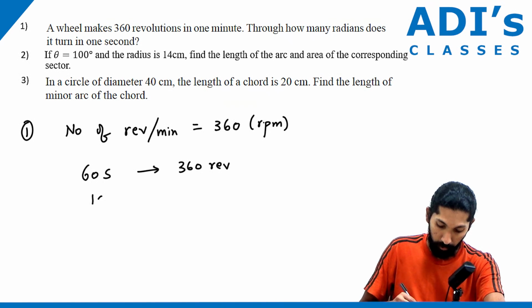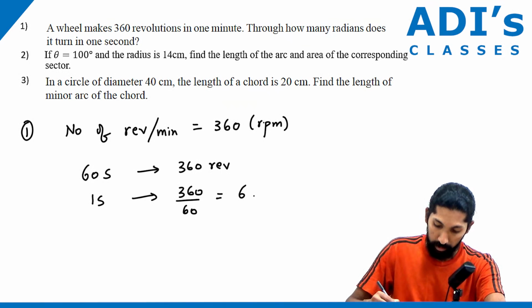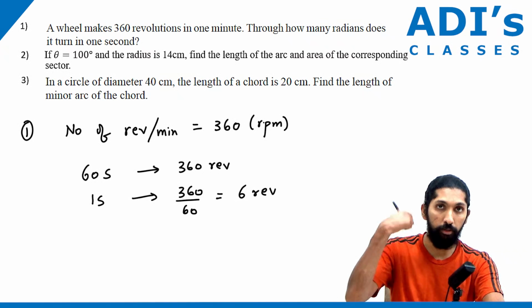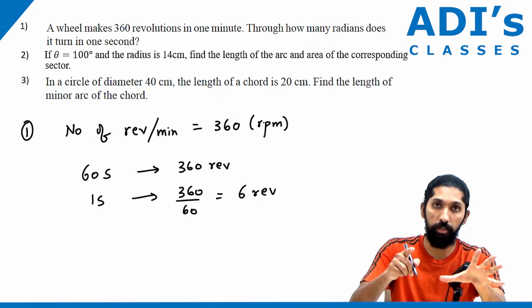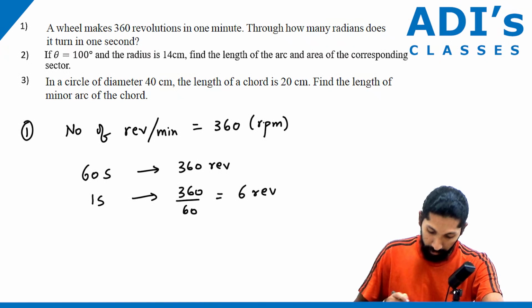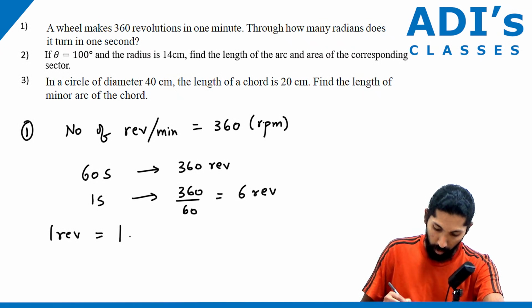So for 1 second, it's going to become 360 divided by 60, correct? Which is 6 times. So 6 revolutions per second. See, one revolution is nothing but one full circumference, correct? So what we can say is that one revolution is equal to one circumference.